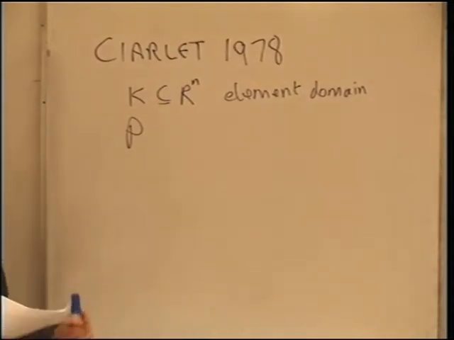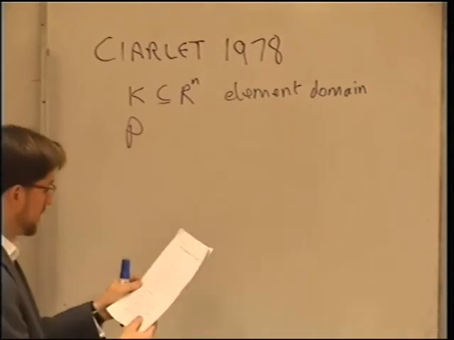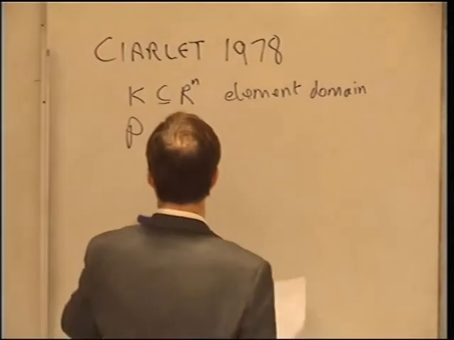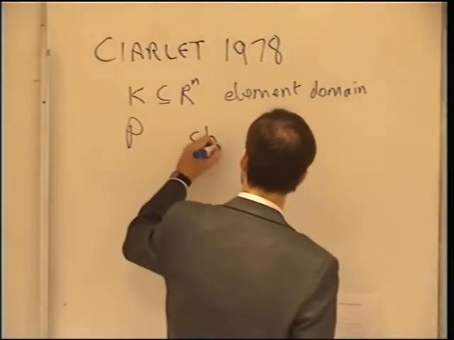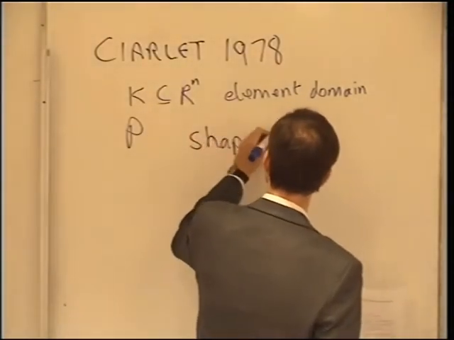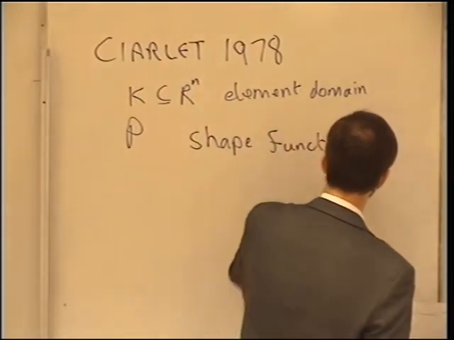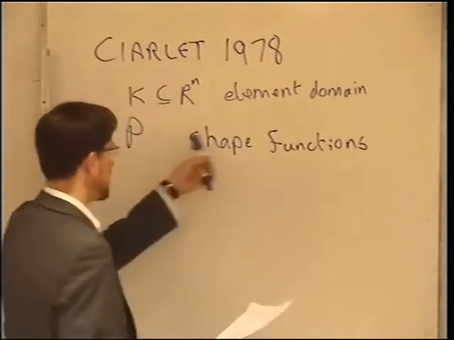But polynomial is not actually a requirement. What is a requirement is that this is a finite dimensional space of functions on K, and these are called the shape functions. So that's a finite dimensional function space.